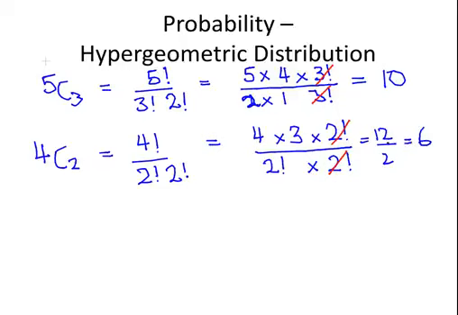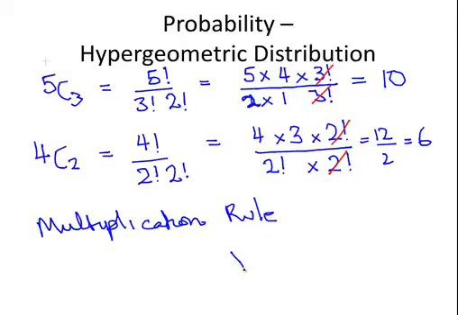So from the 5 women, there are 10 ways we can pick 3. Okay, and for each of those 10 ways, there are 6 ways we can pick 2 more men to make up the committee. So that's the multiplication rule.